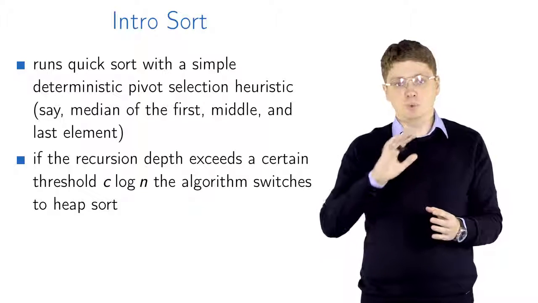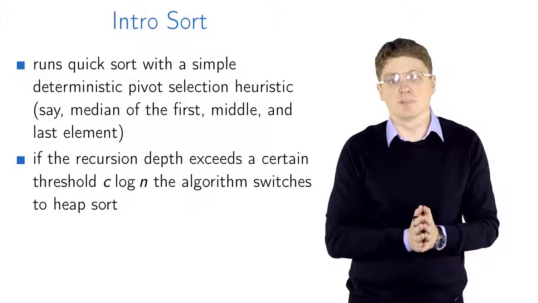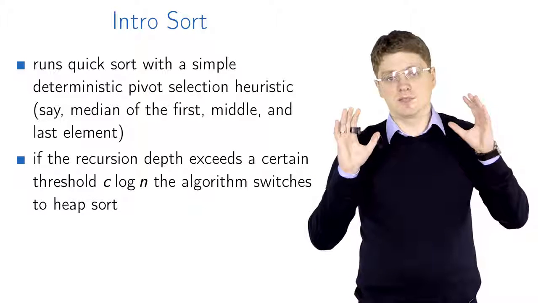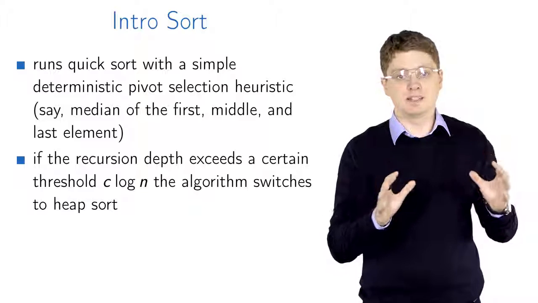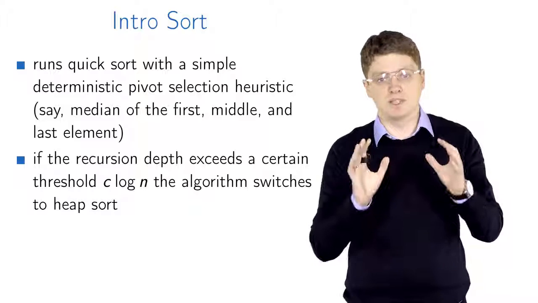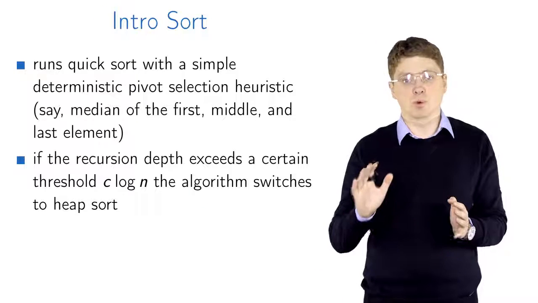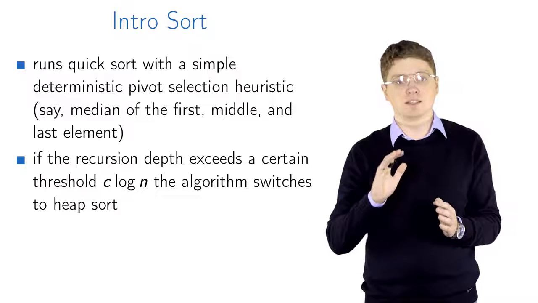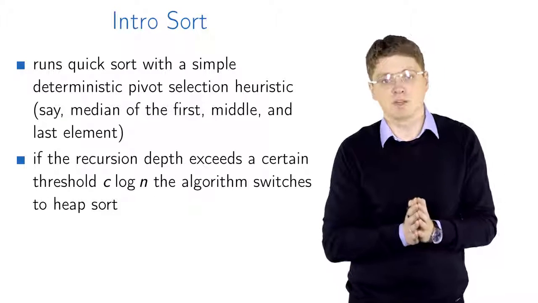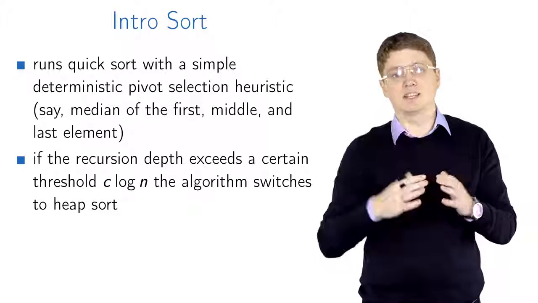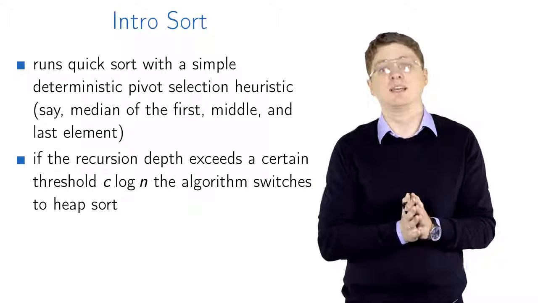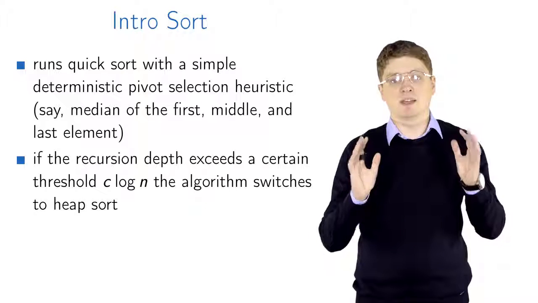So at this point, we switch to the heap sort algorithm, which means that for these pathological bad instances, for the quicksort with this simple heuristic of selecting the pivot element, we still work in the worst case in time n log n. Because before we exceeded the depth c log n, we spent time n log n.